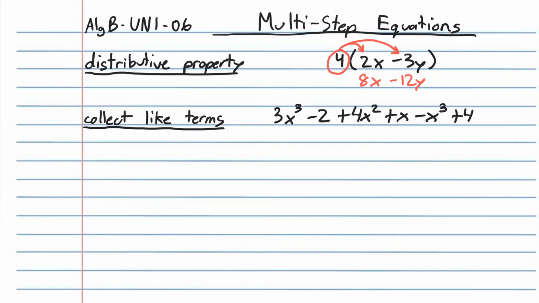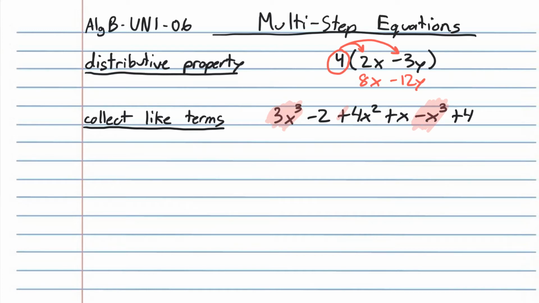Now looking at this is a mess, right? So the idea of collecting like terms is that terms that share the same degree go together. By degree, I mean exponent. So typically, it's easier to start off with the highest powers. So anything with a power of 3 goes together. So this term goes together with, oh, sorry, not that one. It goes together with this one.